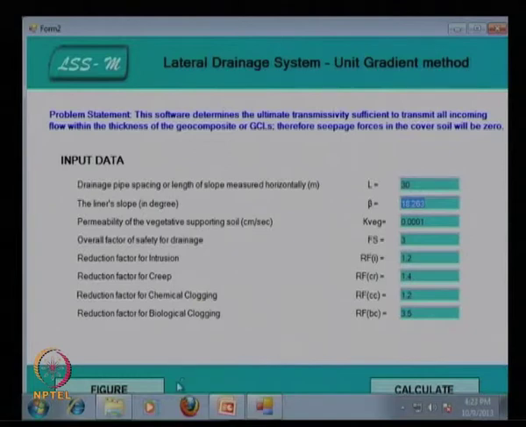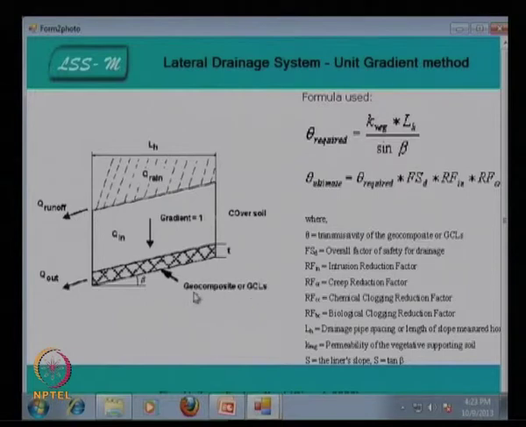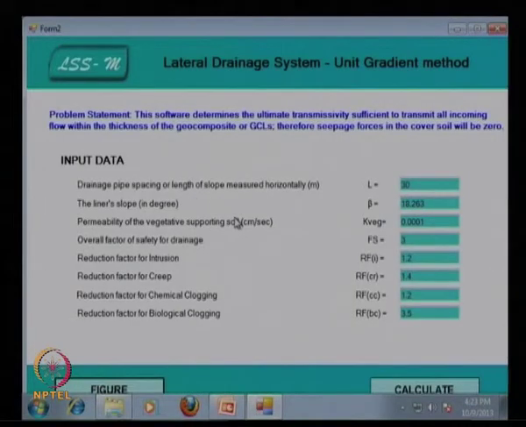This is the geocomposite or geosynthetic clay liner, this is the gradient i, and here the input data are the drainage pipe spacing, the length of the slope measured horizontally, L equal to 30 meter, the liner slope, beta, equal to 18.263 degree, the permeability of the vegetative support, K base, 0.0001 centimeter per second, and the overall factor of safety for the drainage, Fs, equal to 3.